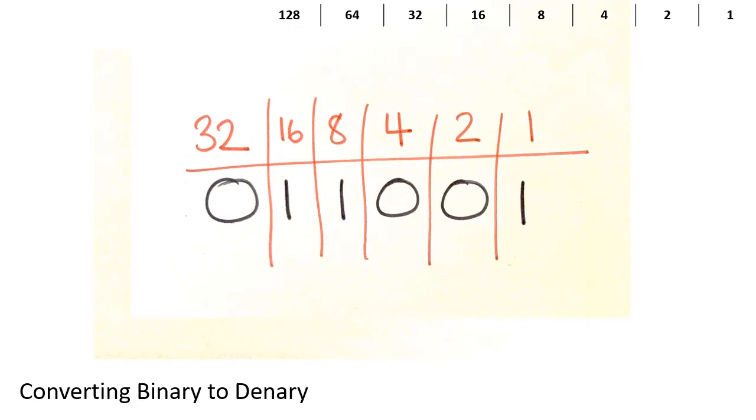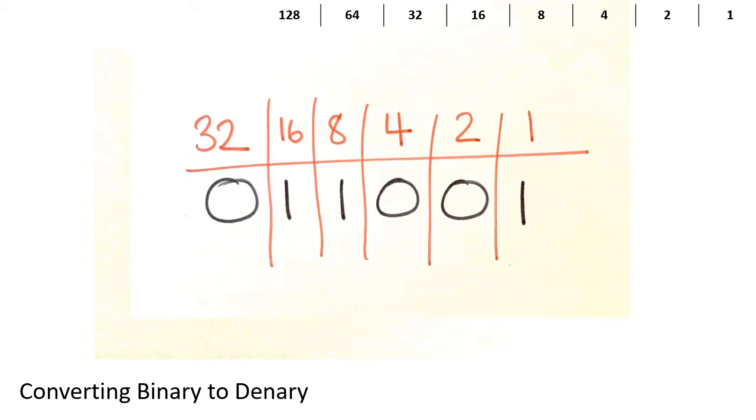So we use those place values that we have written across the top, and I'm just going to write those. I'm just going to separate out those binary digits, those zeros and ones, and put the place values over the top. So notice how we always start with the 1 on the right hand side. It's important to get that in the right place.